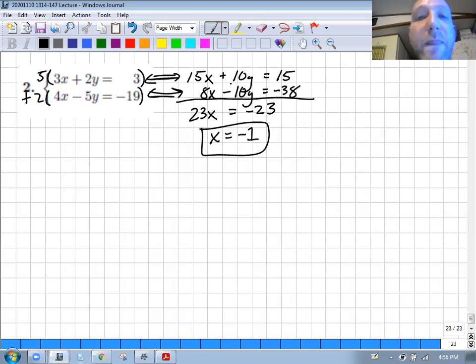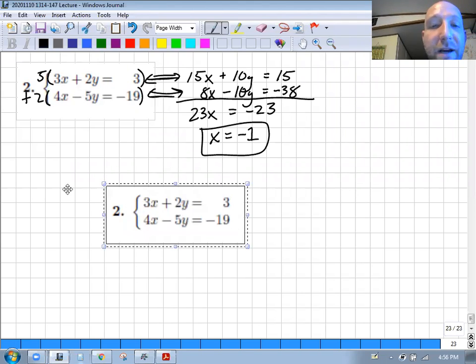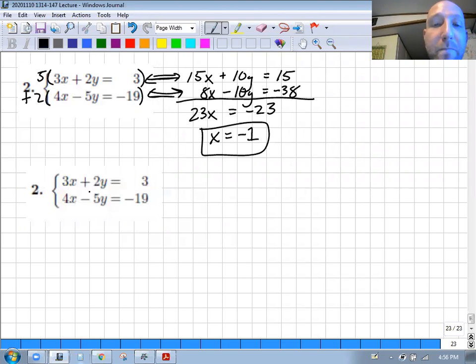The other thing we could have done is, instead of getting rid of y to find x, let's get rid of x to find y. Well, if I multiply this one through by 4 and this one through by a negative 3, I'll have a 12x and a negative 12x.